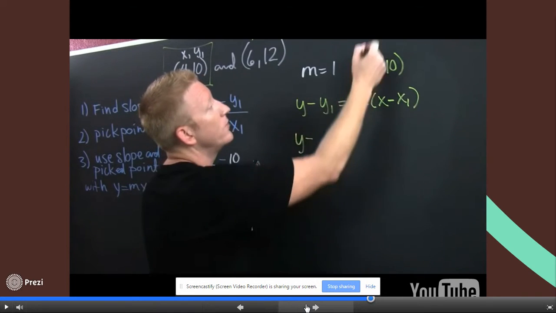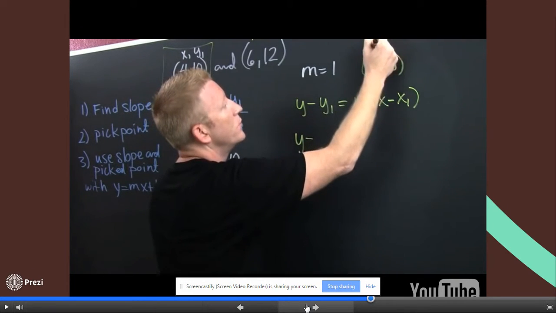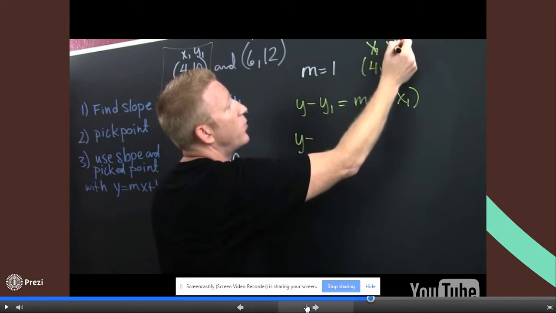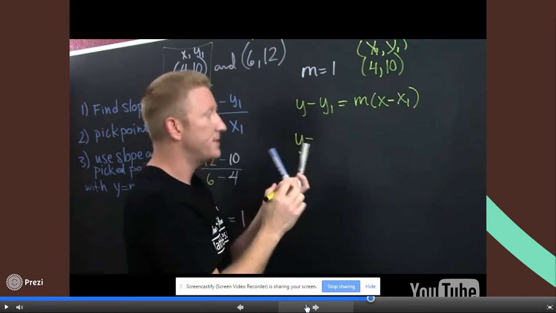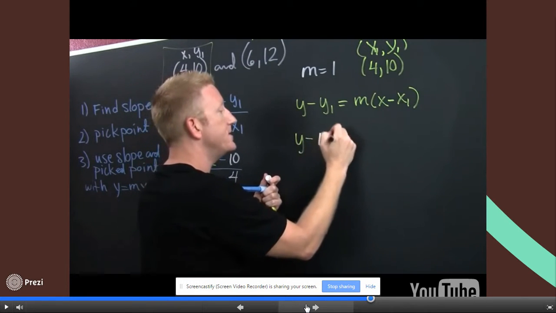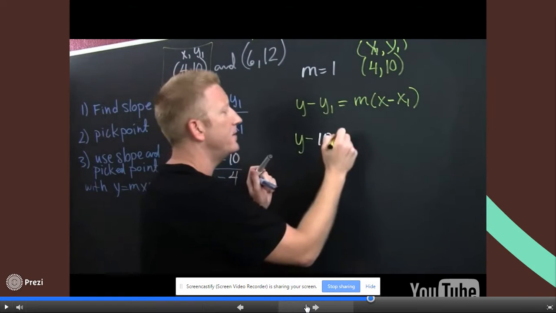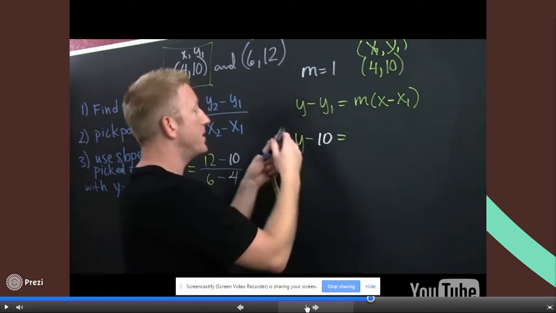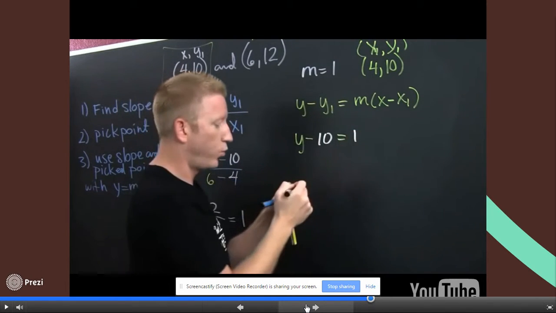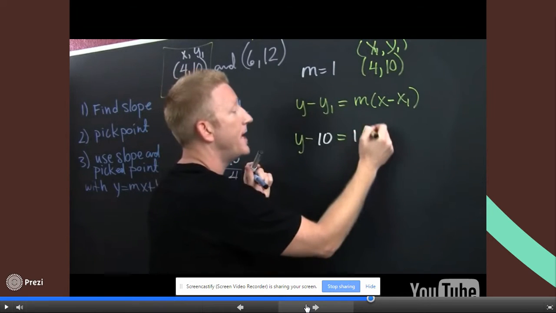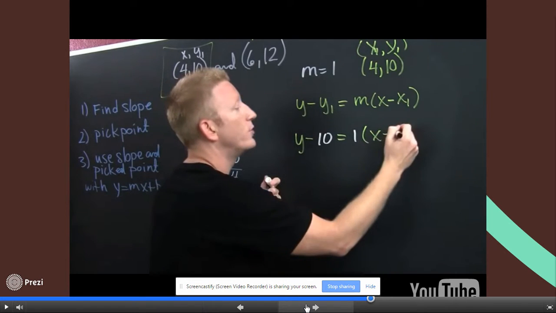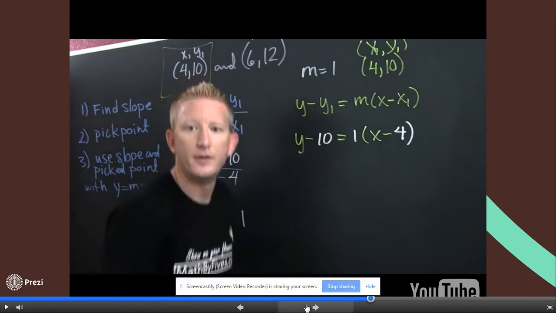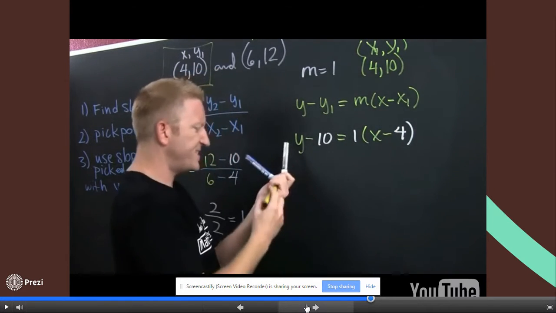Y minus y1, which is 10, equals my slope, which is 1, times x minus x1, which is 4.